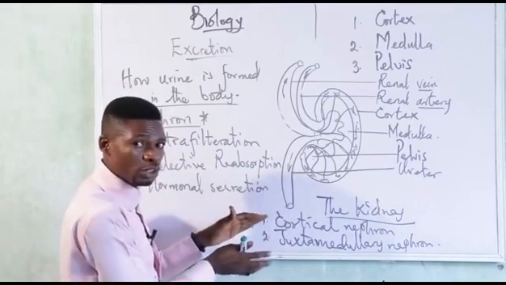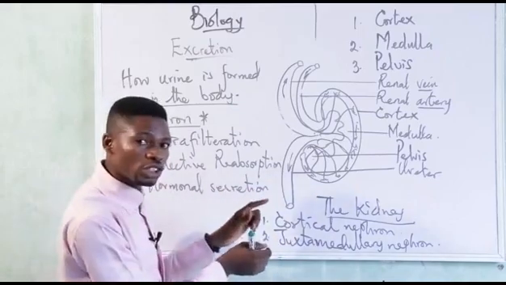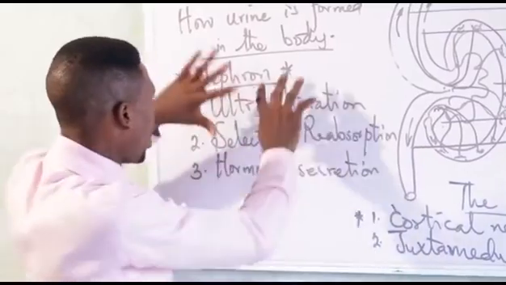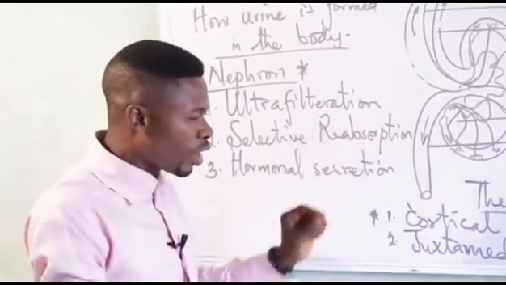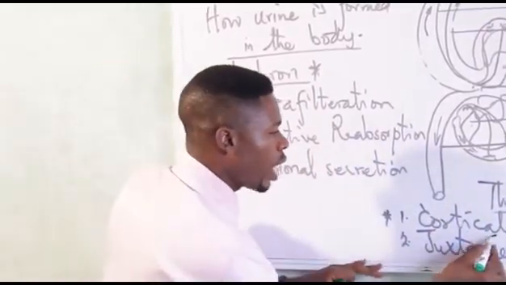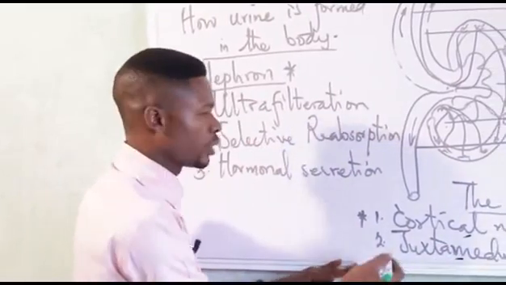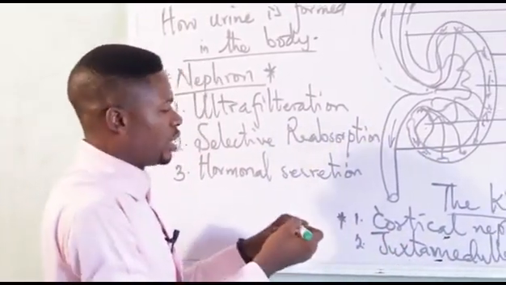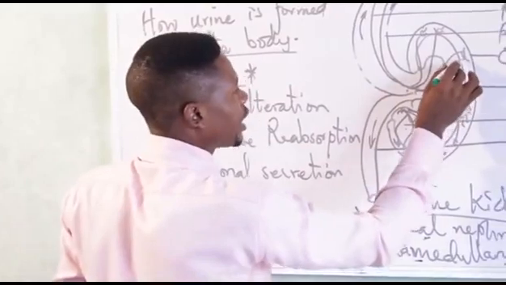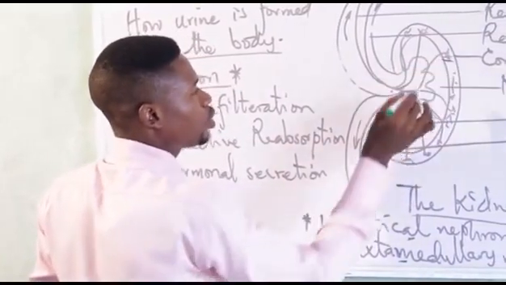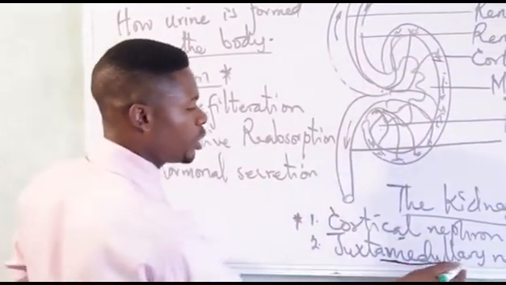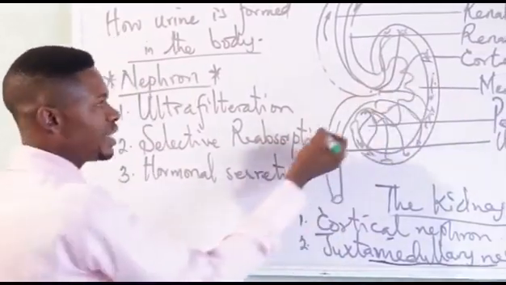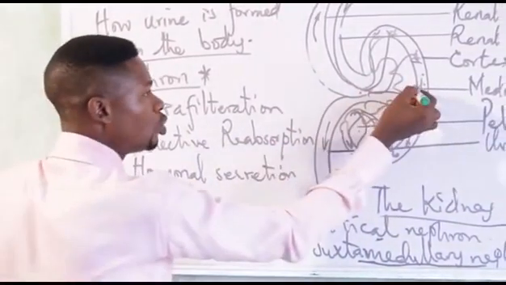This simple explanation I'm going to give now will lead us into how this nephron works. But before that, I need to tell you why this is different from this. The cortical nephron is confined to the cortex, while the juxtamedullary nephron extends into the medulla.